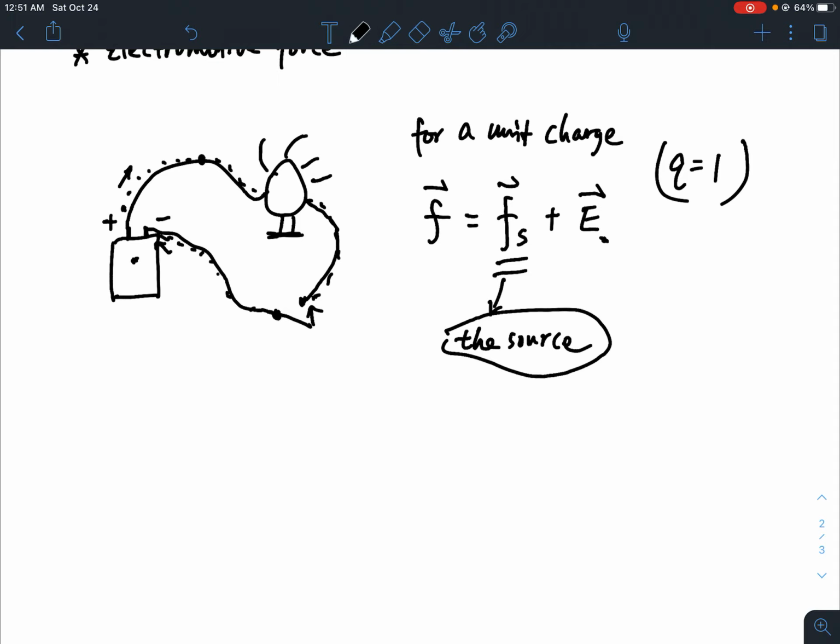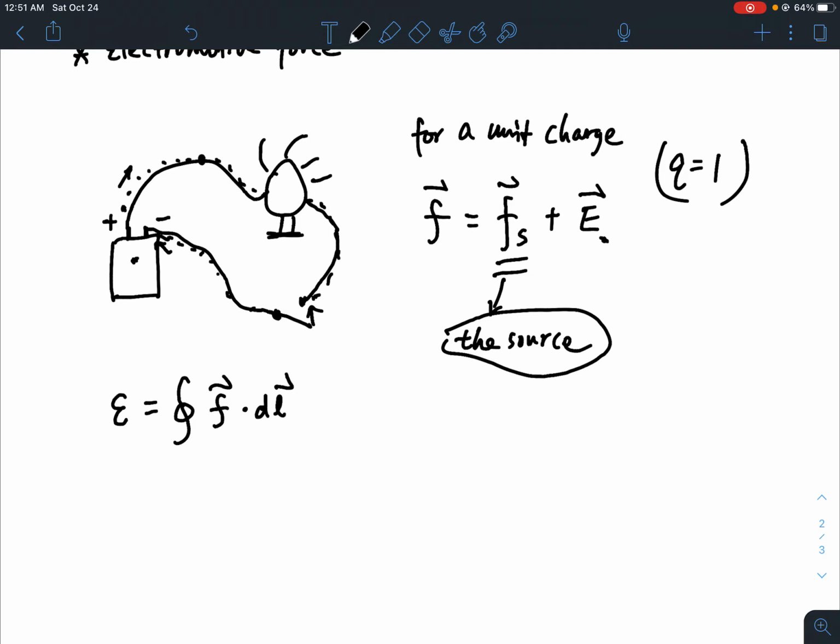Now let us consider, we have two forces, and we want to see what the net effect is around this circuit. So what we do is define an integral of the total force times the distance.